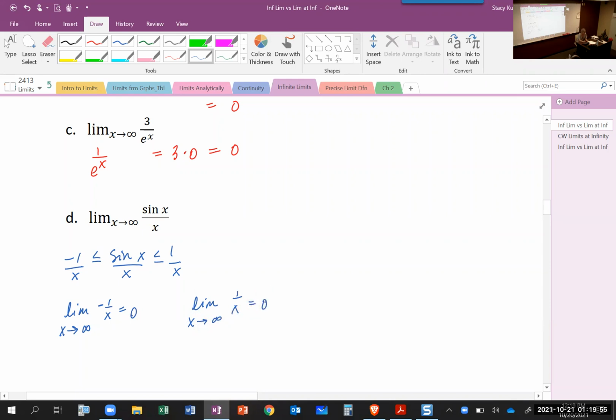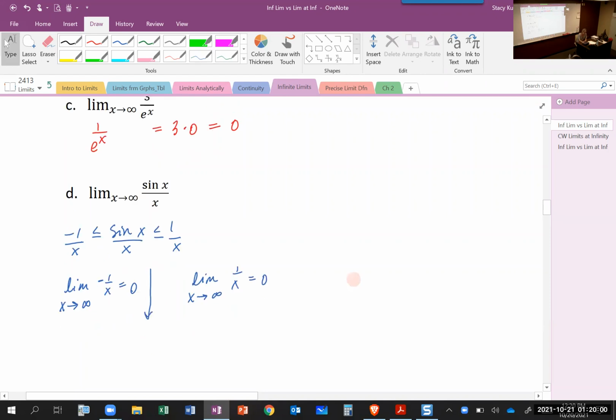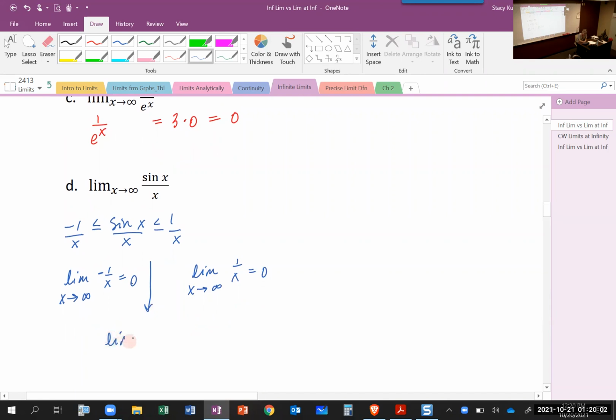So if the limit on the left is 0 and the limit on the right is 0, then by the squeeze theorem, the limit as x approaches infinity of sine x over x must also be equal to 0. It's the same thing that we did the other day, only instead of multiplying through by x, this time I needed to divide everything in there by x, to manipulate that formula that we were looking at. So that is equal to 0.